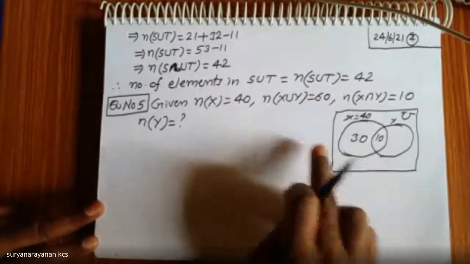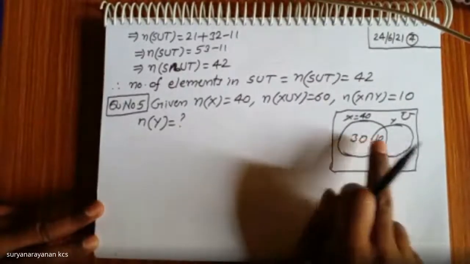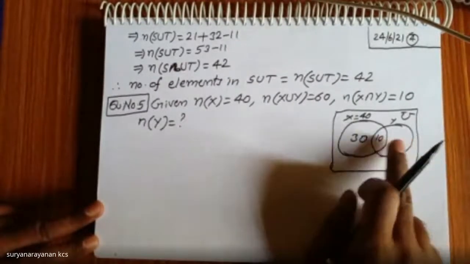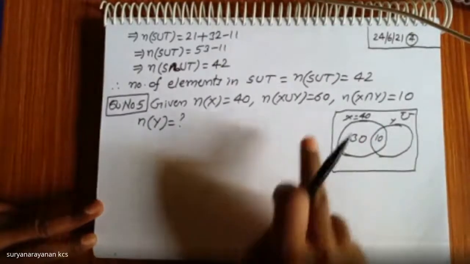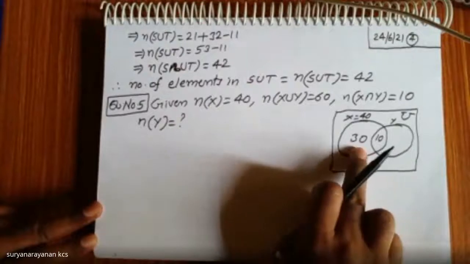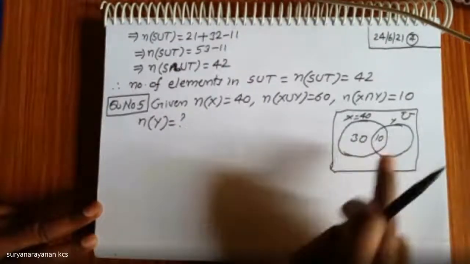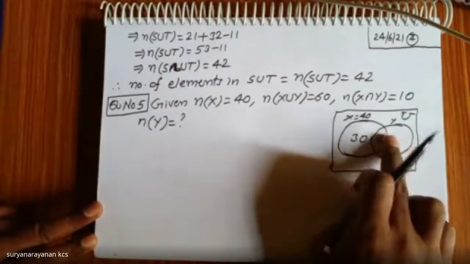Now, N of x union y. X union y means this area plus this area plus this area. The sum of these three regions gives n of x union y. Can you tell me here what is the number?